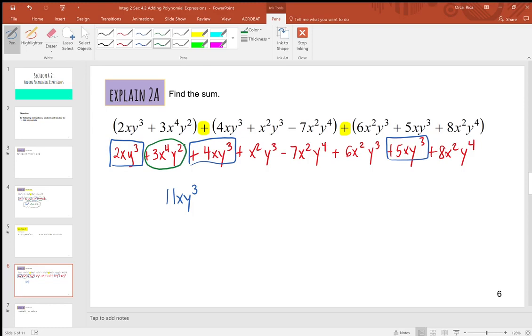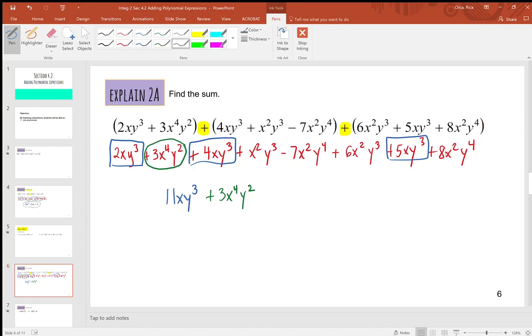Let's go ahead and look for another term that has x to the fourth y squared. And it doesn't look like there is any. So because we can't combine that with anything else, let's go ahead and write it out. 3x to the fourth y squared. Let's go ahead and move on to our next set.